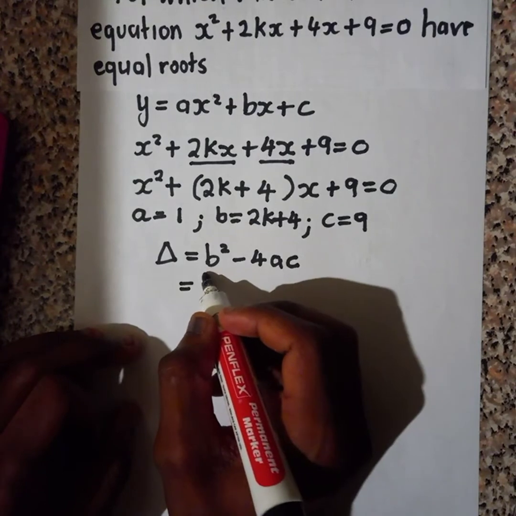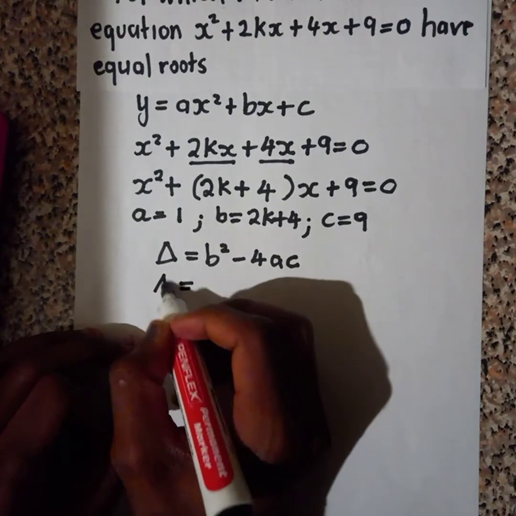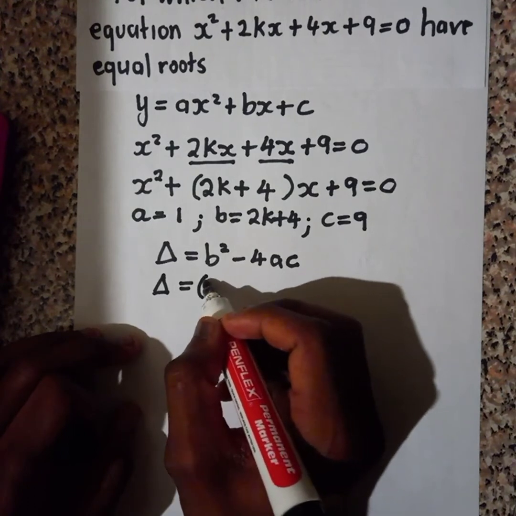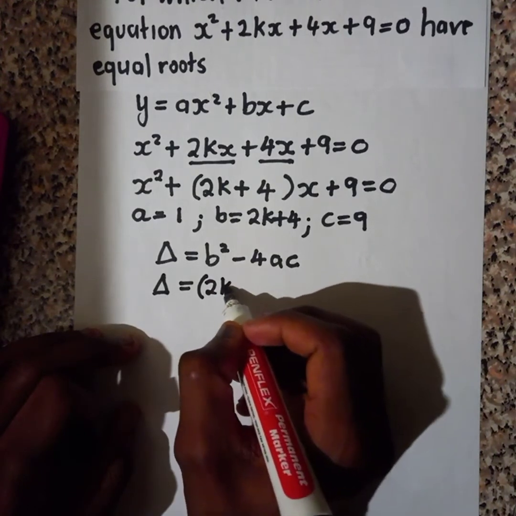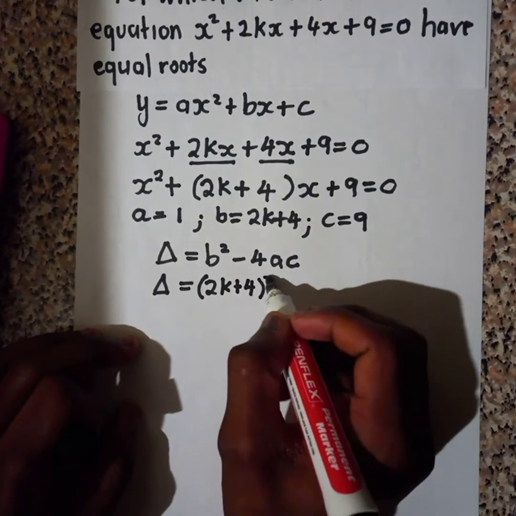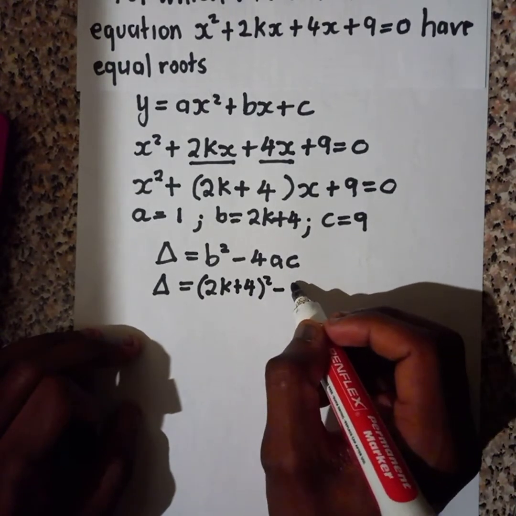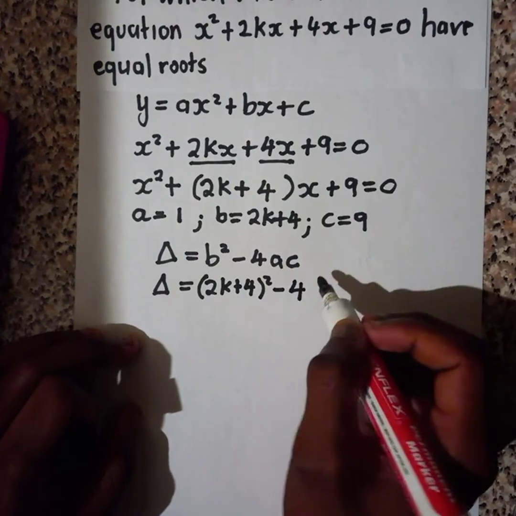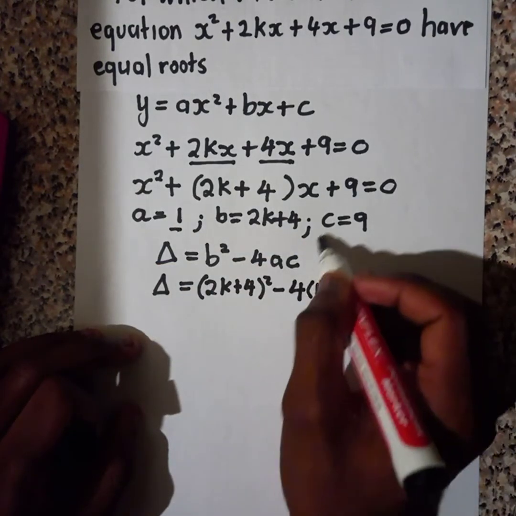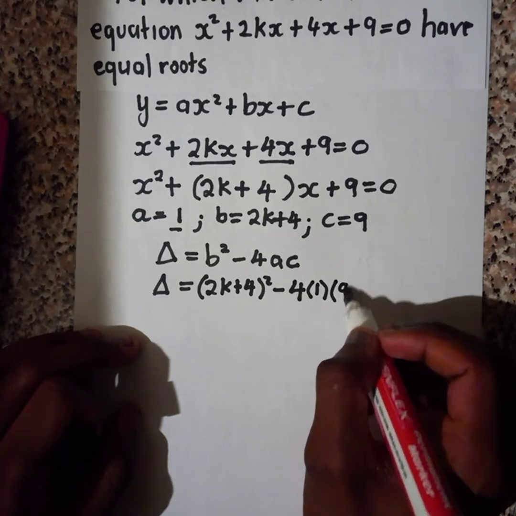The discriminant equals open bracket, 2k plus 4, squared, minus 4, your a is equal to 1, c is equal to 9.